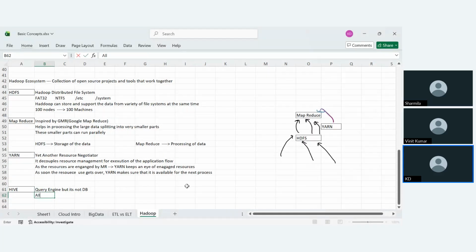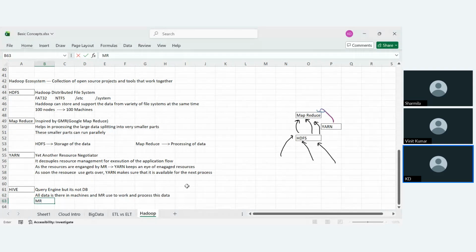First of all, data is there in machines, and MapReduce used to work and process this data.